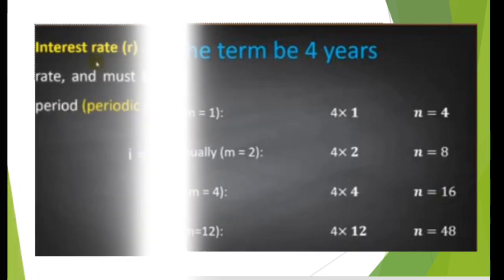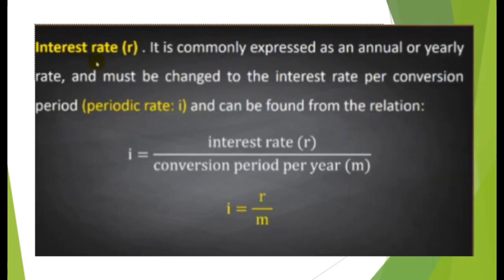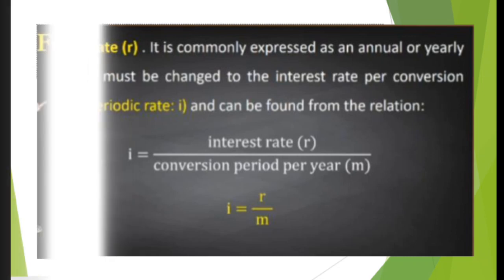In compound interest, instead of using the interest rate, we use the periodic rate, which is equal to R divided by M. Here R is the usual interest rate and M, as we know, is the number of conversion periods per year.